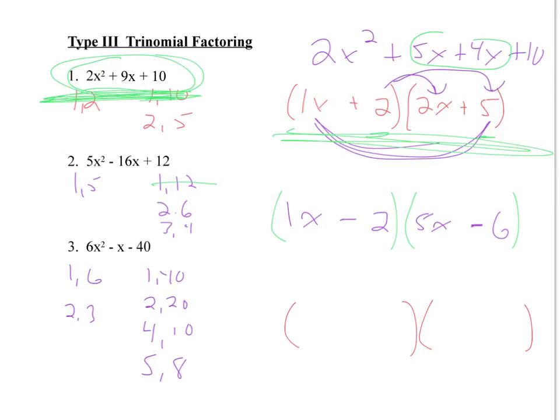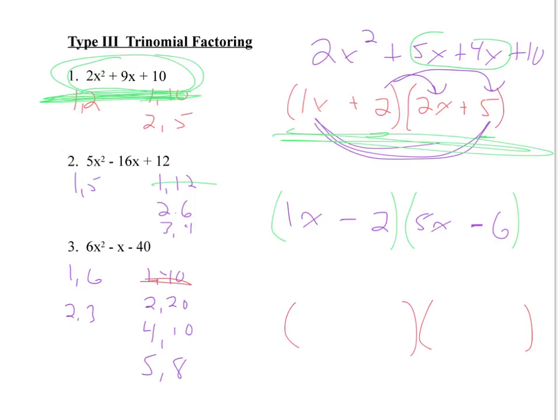Okay, 1 times 40 is 40, 6 times 1 is 6, 40 minus 6 is 34, not 1. Okay, 2 times 1 is 2, 3 times 40 is 120. That does not have a difference of 1, that's 117. 2 times 40 is 80, 3 times 1 is 3, that's a difference of 77. This 1 and 40 does not work.